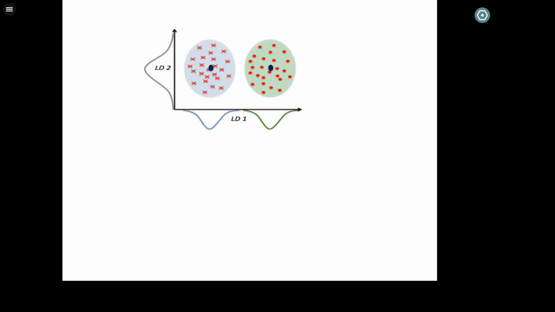Here's the intuition. For example, we have data from 2 groups, and the original dimension p is equal to 2. But because it's a binary classification problem, k is equal to 2, so k minus 1 is only one dimension. In this case, our decision should be the same if we project everything to this horizontal line. We have our center here and center here. So the LDA in the original two-dimensional space should be exactly the same if I project our data to that horizontal line and operate LDA in a one-dimensional space.